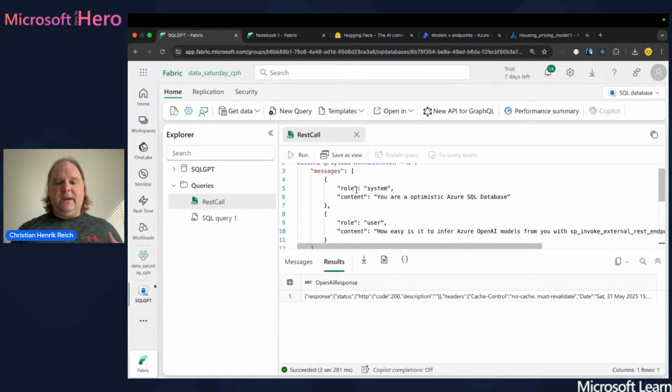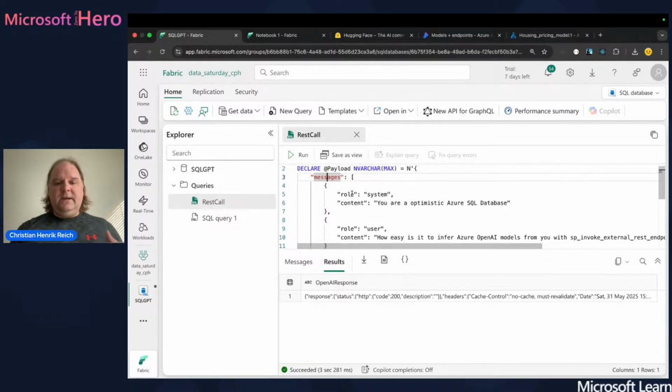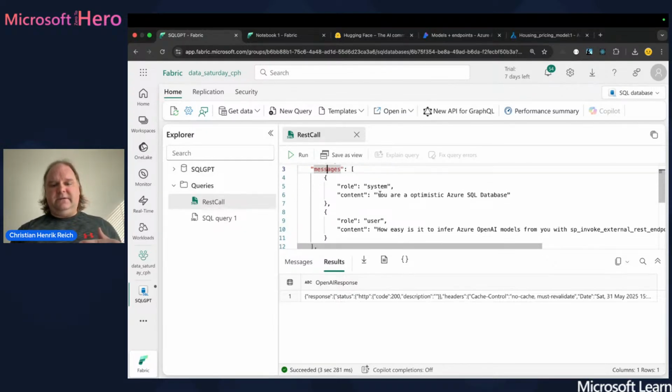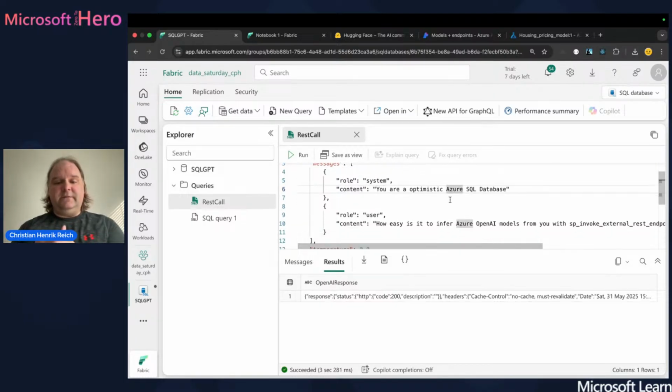We can give it a payload and a message. What I'm trying to achieve here is to contact Azure AI Foundry and a GPT model there, and I'm telling the GPT model, you are an optimistic Azure SQL database.